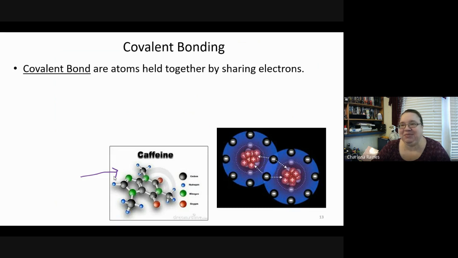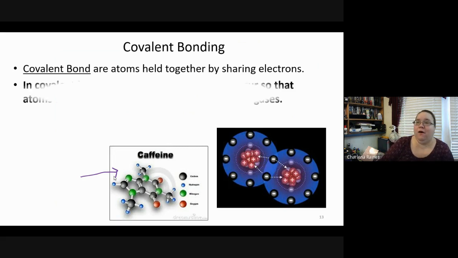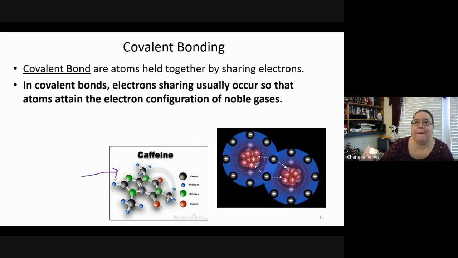So the illustration at the bottom of the screen is actually an atomic picture of caffeine. And I don't know about you guys, but some days I can't live without caffeine. Well, caffeine is a very large covalent molecule. All of those atoms are held together by sharing electrons.